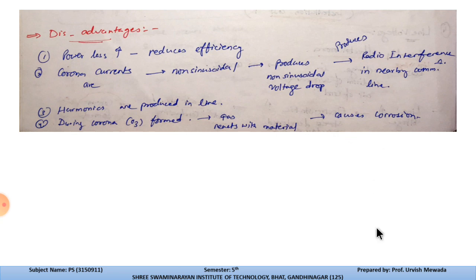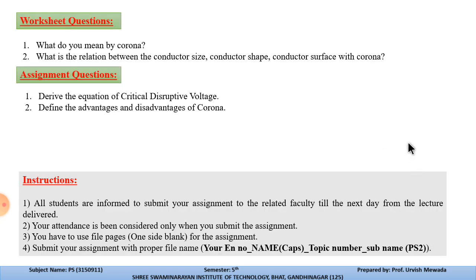So students, if you have any doubt after this presentation, feel free to call me, message me, or WhatsApp me also. We can solve this doubt in the doubt solving session. After this topic we have the worksheet question as well as the assignment question.